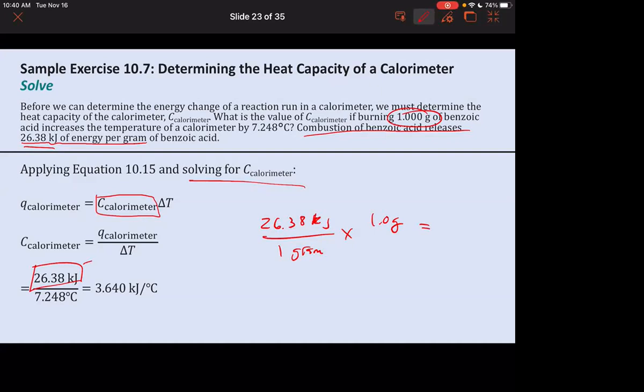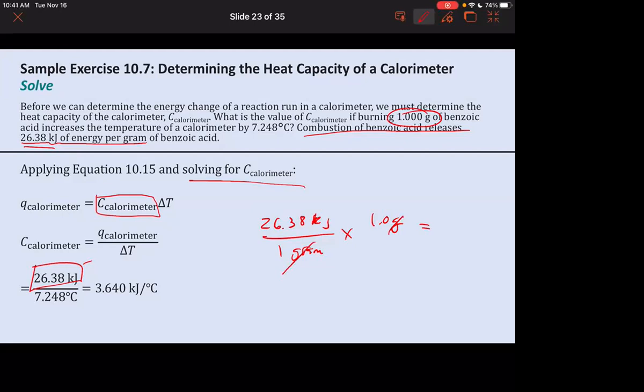Probably different, because when they do these problems, they have like 6 slides for each problem. See, it doesn't really show it. Maybe they say it in words. This is on page 470. So it's important that you realize you have to multiply by the mass. And that's where the 26.38 comes in.